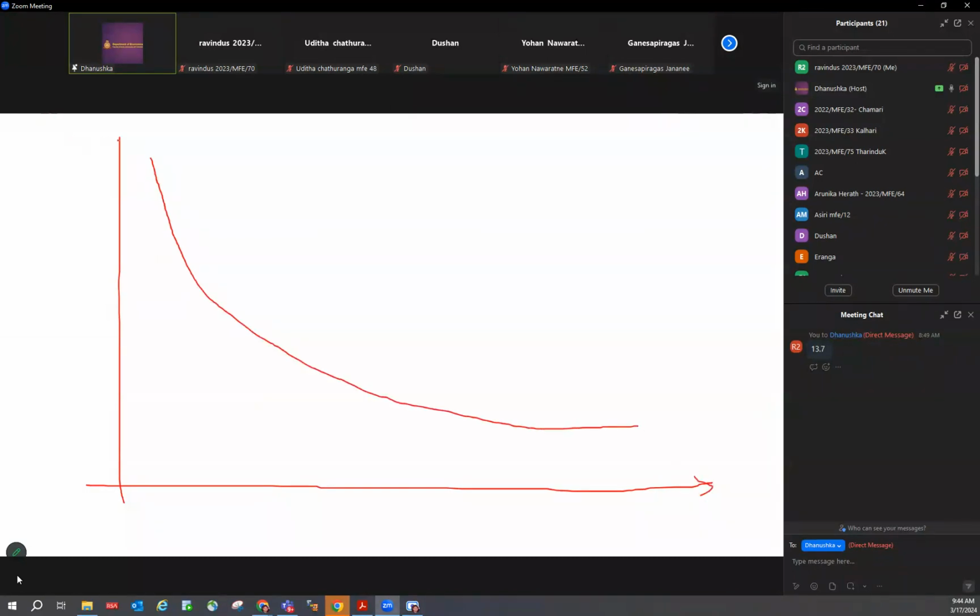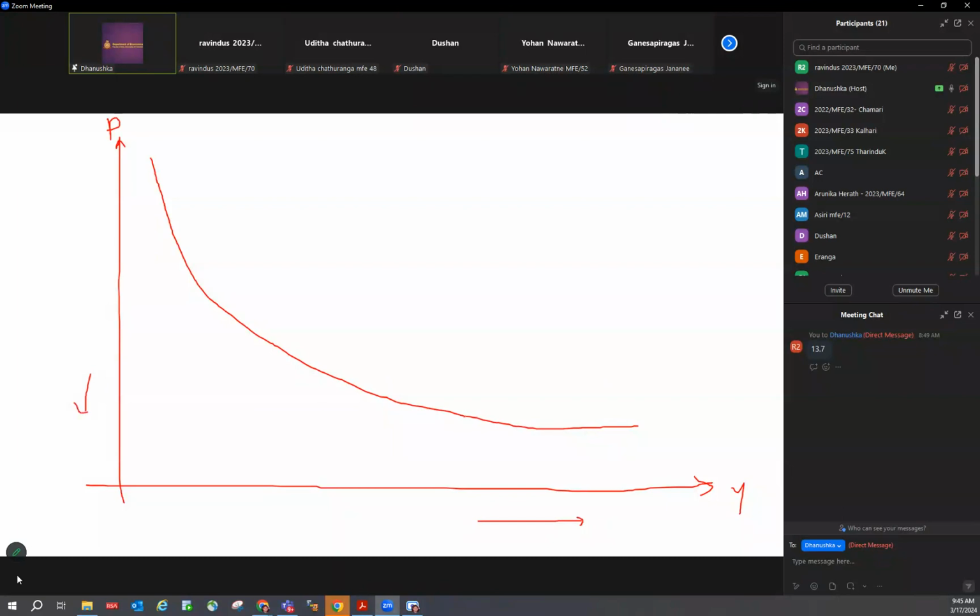Curve. You have the price and you have the yield or interest rate, and you have a curve, right? Now, in this curve, you can see when interest rates go up, prices come down, right?